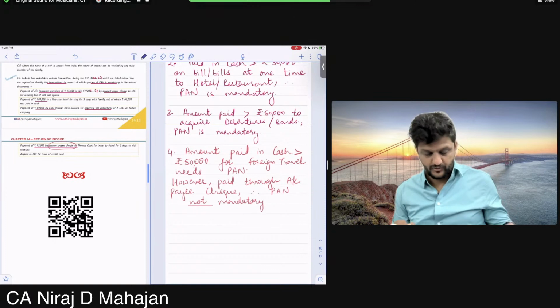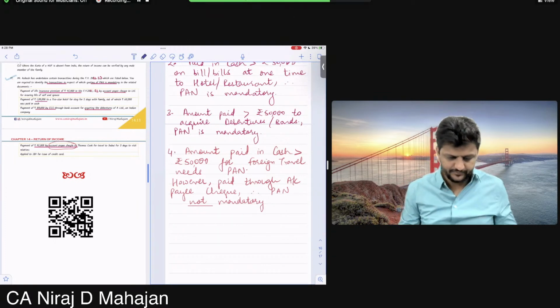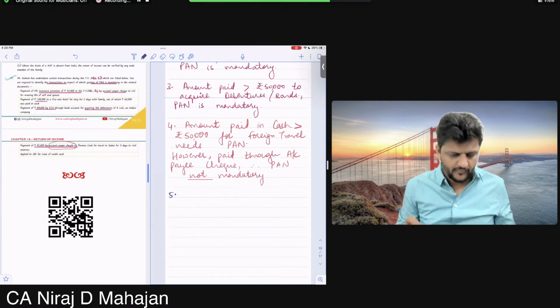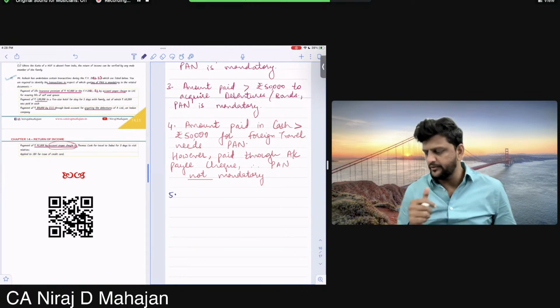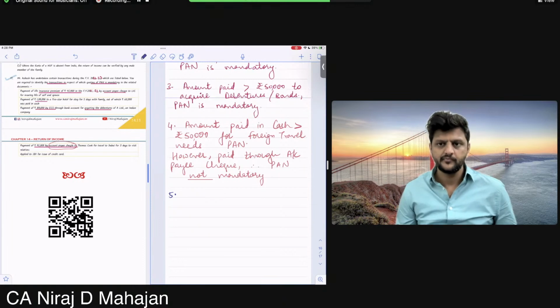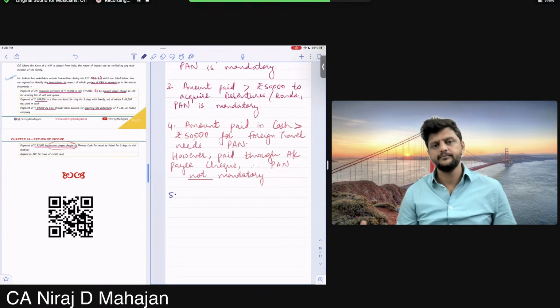Done? Sorry. And lastly, applied to SBI for issue of credit card. Are both covered? Tell me. Debit and credit both are covered? Tell me.